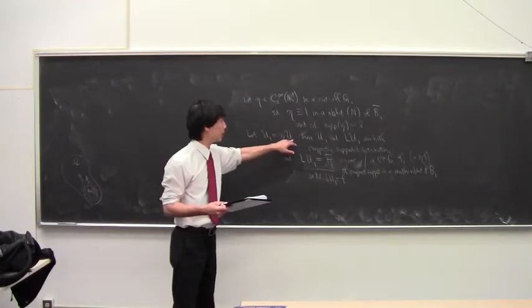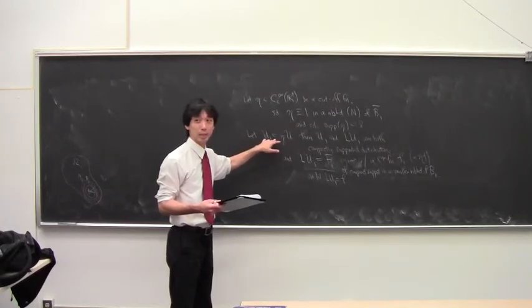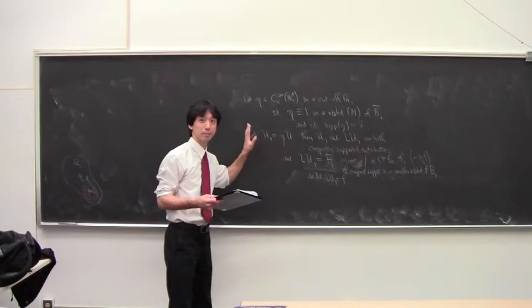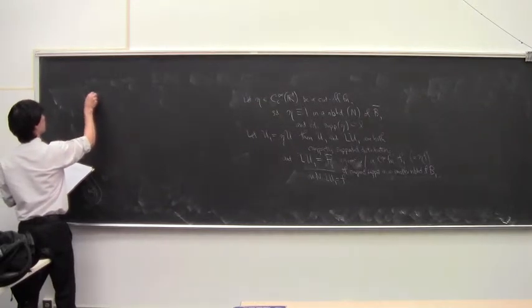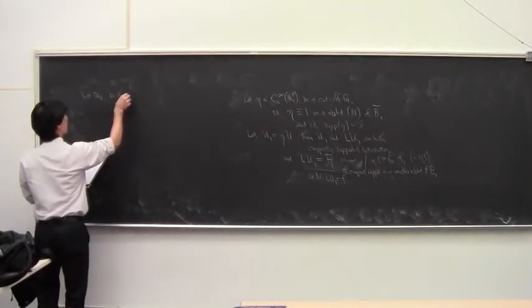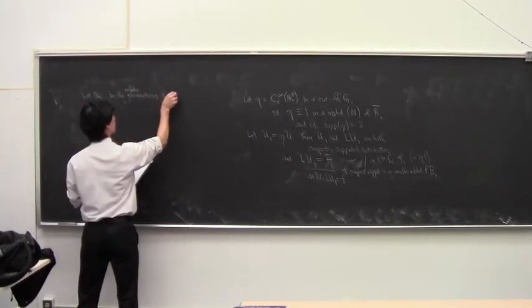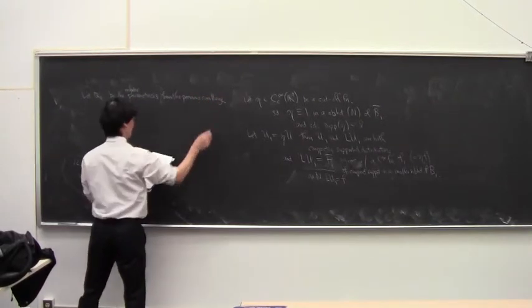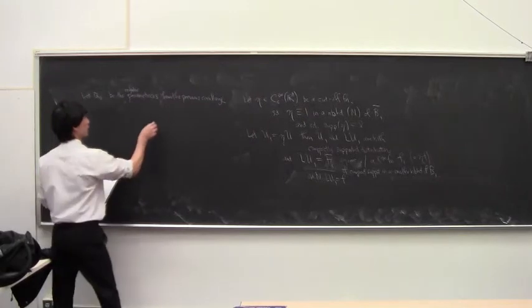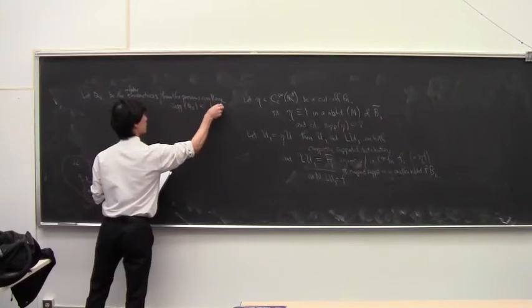That will tell us that U, because U is equal to U1 on B, will be a C infinity function on B. So let Q epsilon be the parametrices from the corollary. They're supported in the epsilon ball.